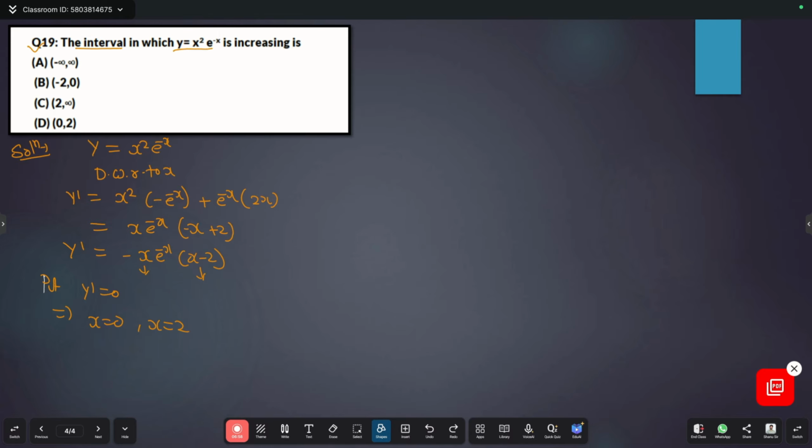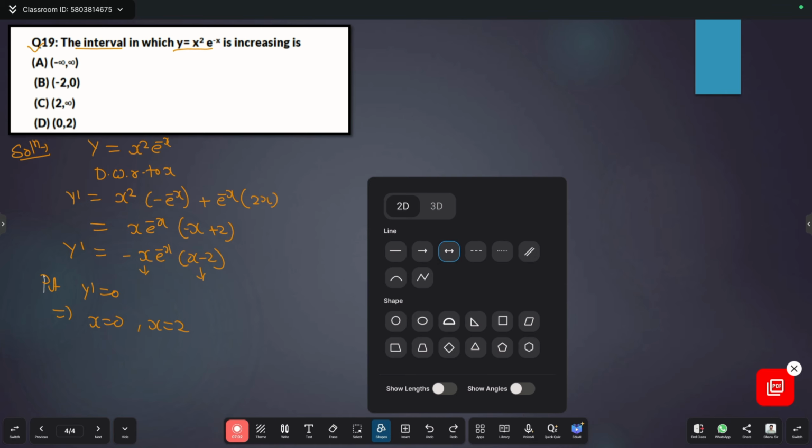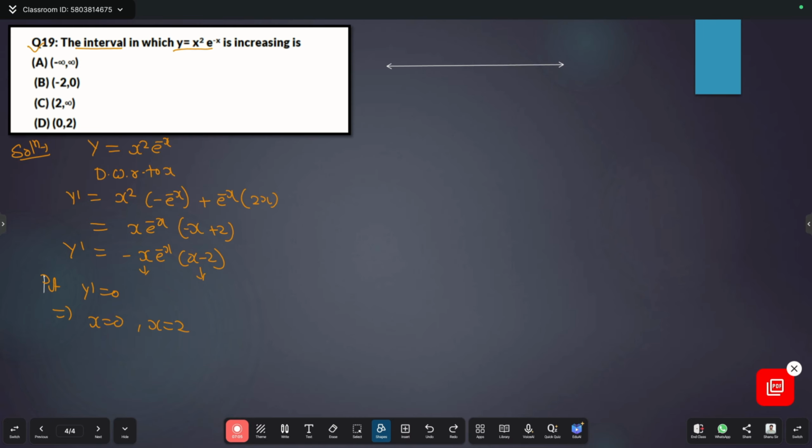This is the number line: 0 and 2, with minus infinity and plus infinity. Now look, in this interval what is the sign, plus or minus?